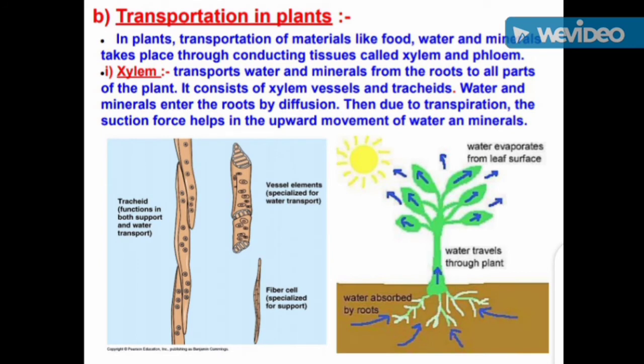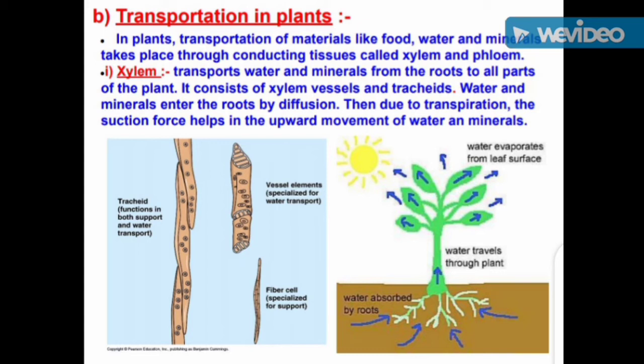Let's move further. Transportation in plants. In plants, transportation of materials like food, water, and minerals takes place through conducting tissues called xylem and phloem. Xylem: what is the function of xylem? It transports water and minerals from the roots to all parts of the plant.